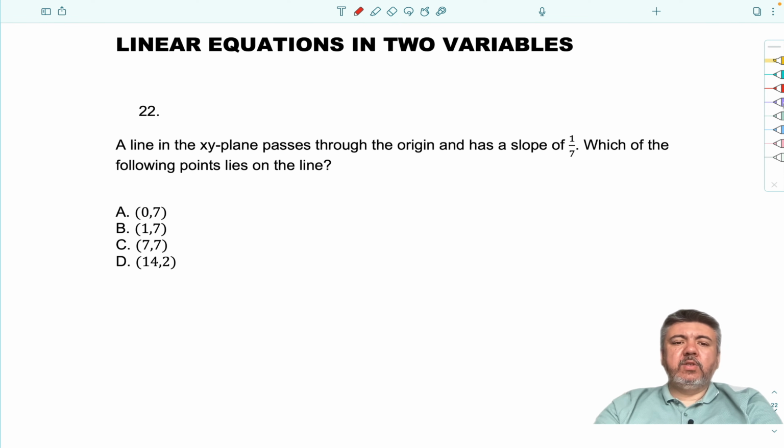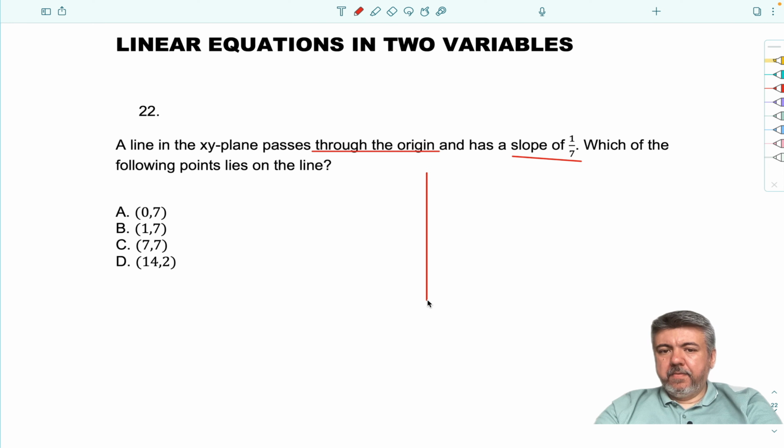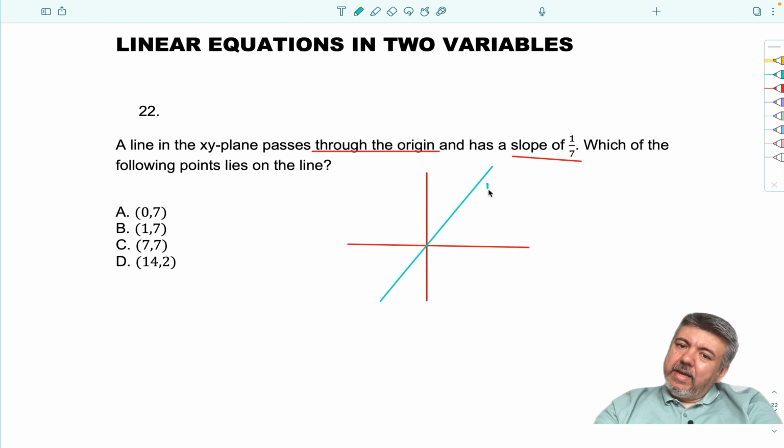22. A line in the xy plane passes through the origin and has a slope of 1/7. Which of the points lies on the line? Let me tell you this. If a line passes through the origin, its equation is y equals mx, m being slope.